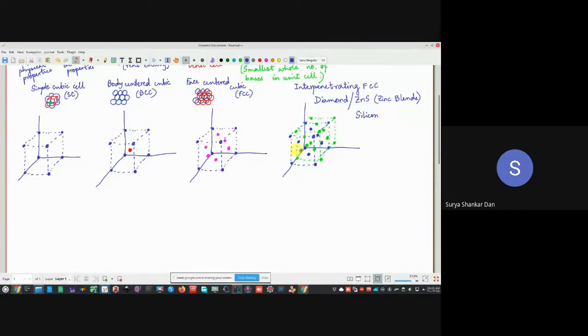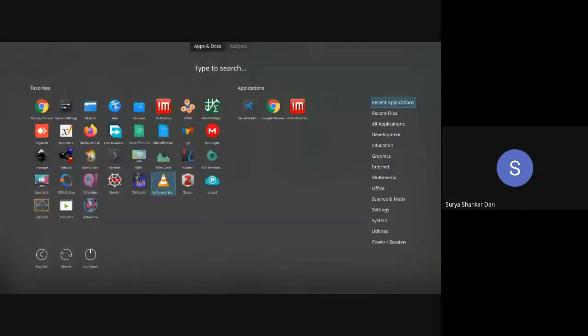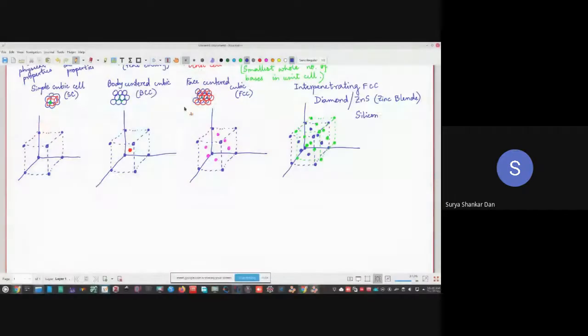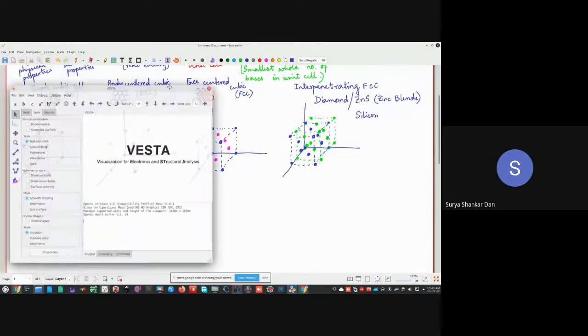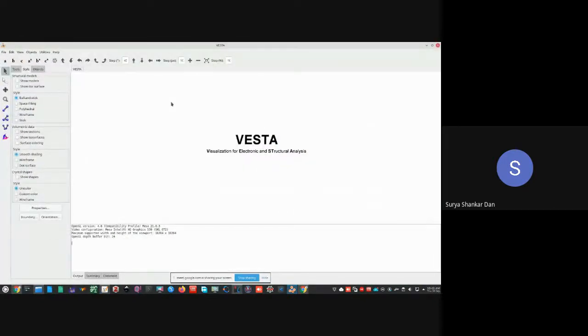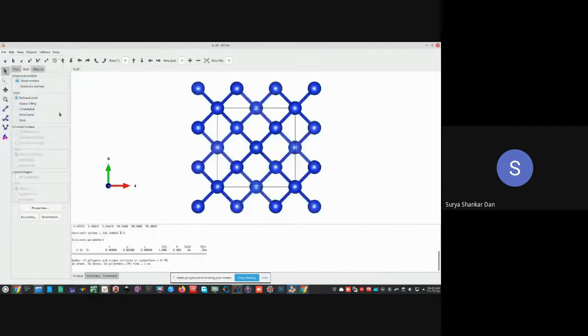Okay, now we will visualize this using a software. Here now you will be able to really visualize why silicon is called a diamond structure. Now we will see. So let us open the silicon data file.